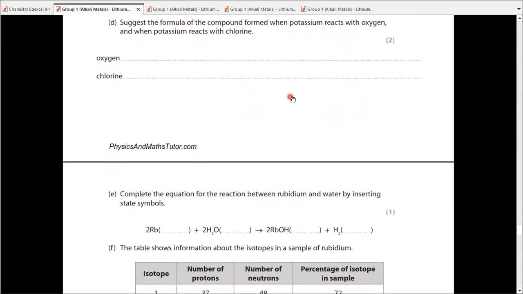Okay, moving on. D. Suggest the formula of the compound formed when potassium reacts with oxygen and potassium reacts with chlorine. Potassium hydroxide, right?